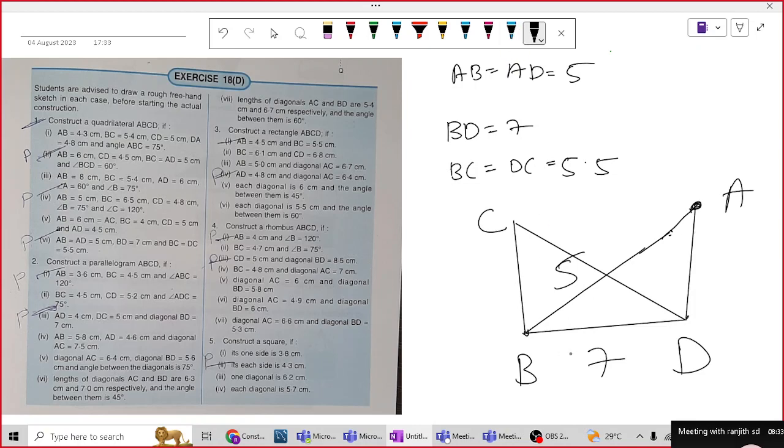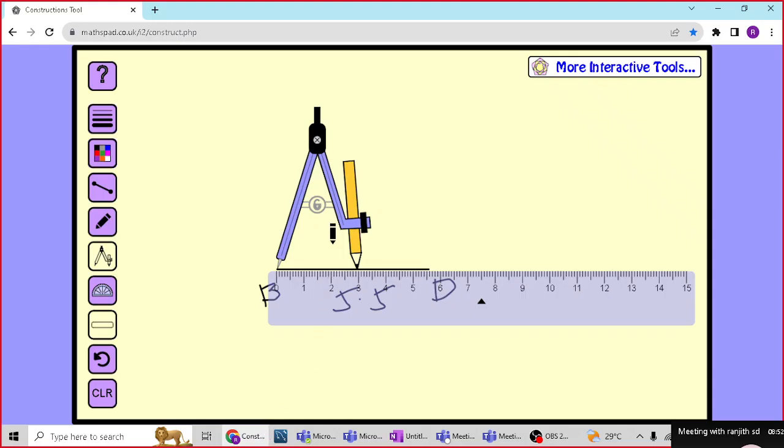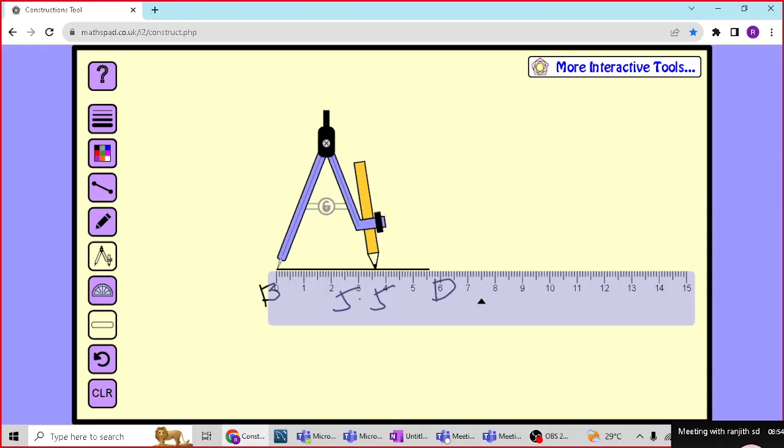Let me explain. First, did you all draw BD 7 centimeters? Then from B, which length is given? BC is how much? BC is 5.5. Now from B, cut an arc of 5.5, take the 5.5 measure.